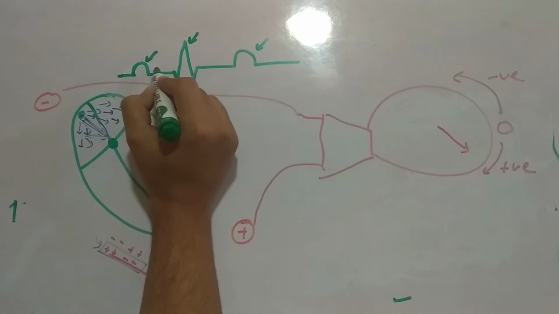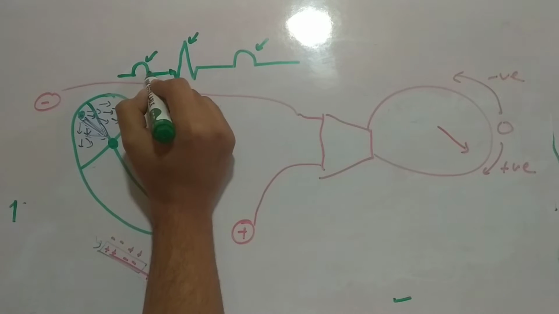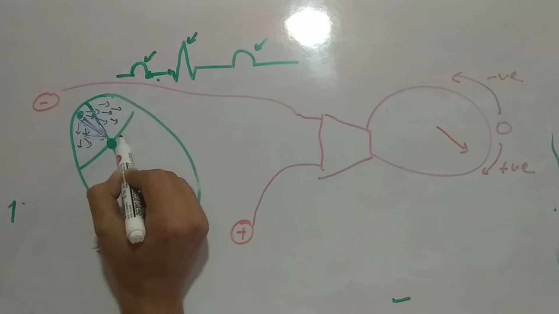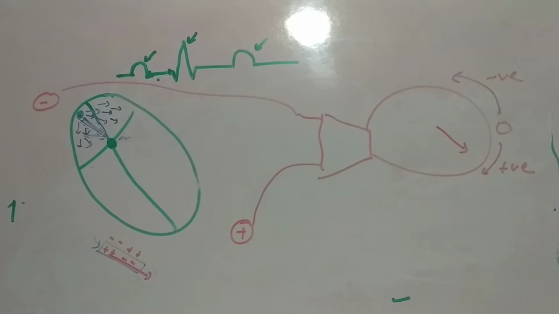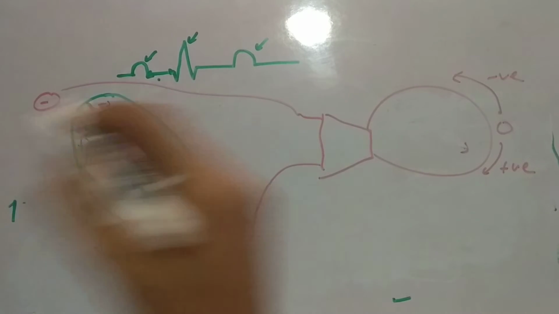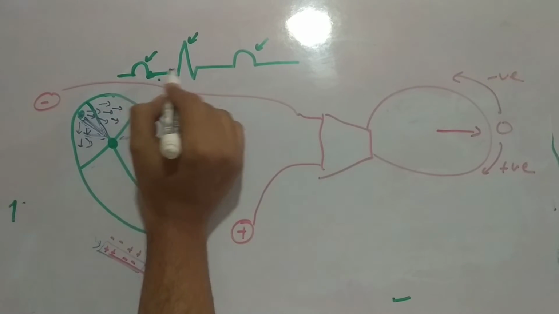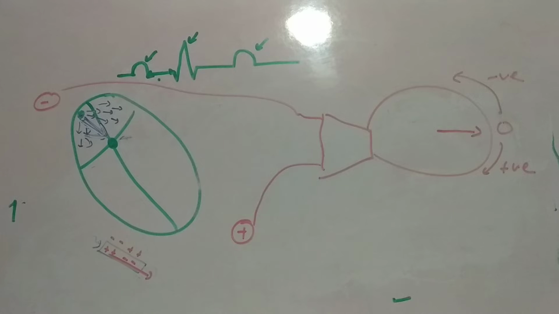So the PR segment, what we have discussed: suppose now the electrical impulse has reached this AV node, at that time there won't be any deflection, so the galvanometer won't show any changes. So this no change is recorded as the PR segment. So up to now this is clear, I hope.